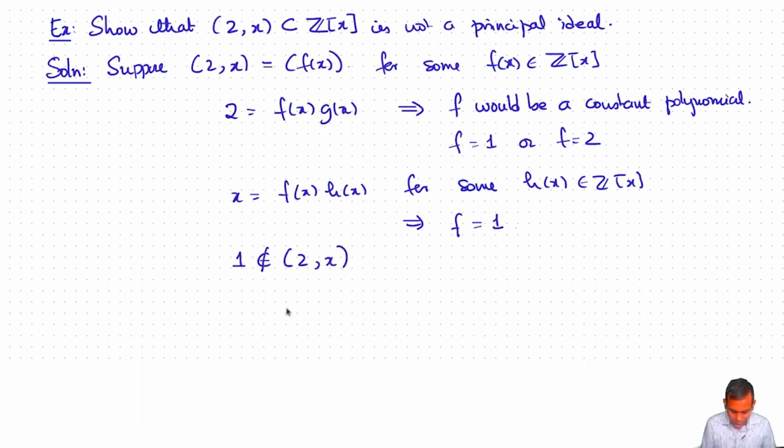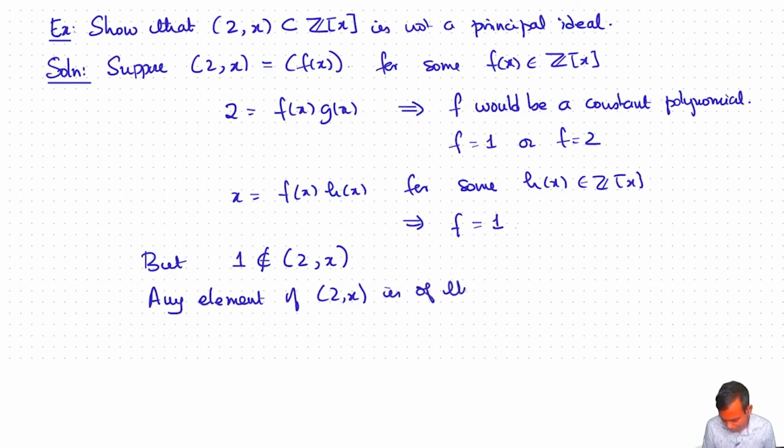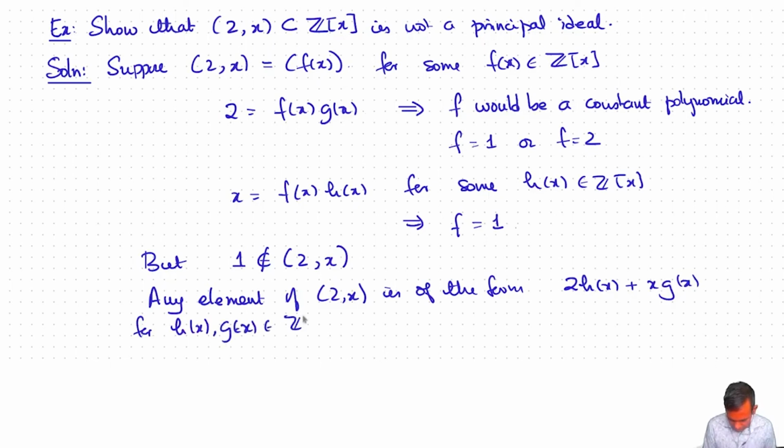Why is that? Because if you take any element of the ideal generated by 2 and x, it is of the form 2 times h(x) plus x times g(x) for h(x), g(x) in Z[x].